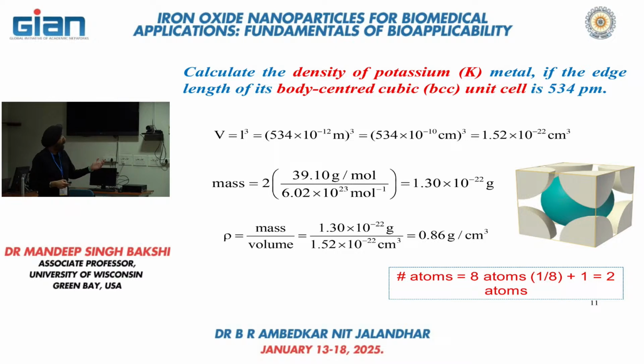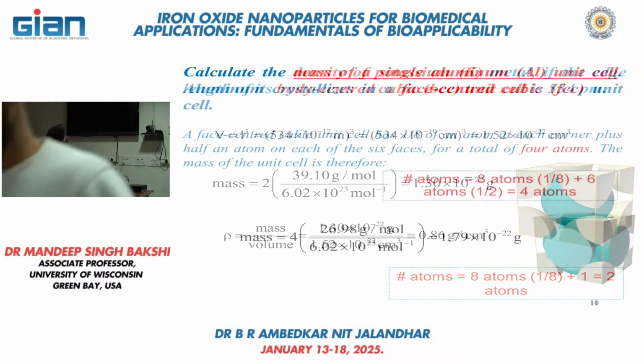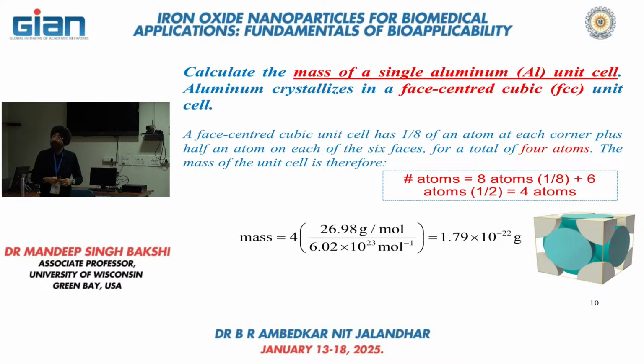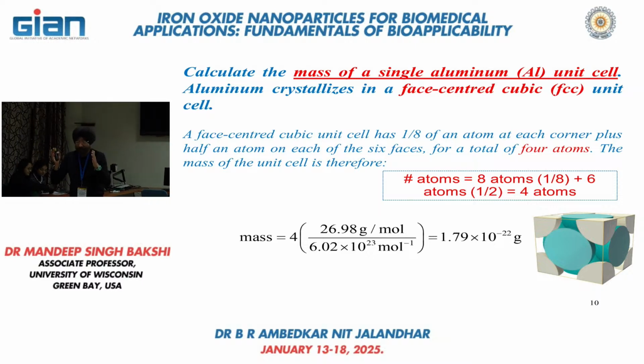As you could see over here, it is saying the mass of a single aluminum unit cell, but it's not saying that it exists in the FCC, the face-centered cell. You need to know how many atoms are included in the unit cell of FCC, if it is one atom, four atoms, or two atoms.